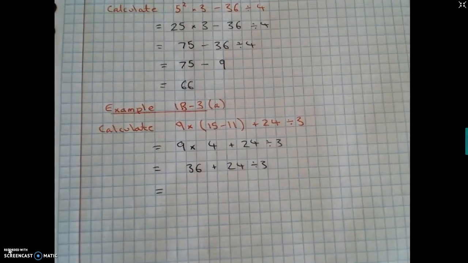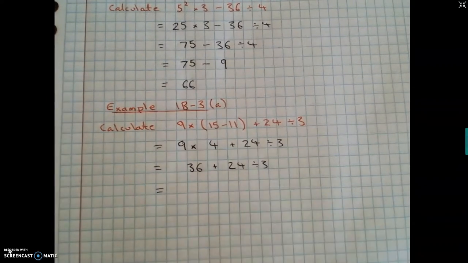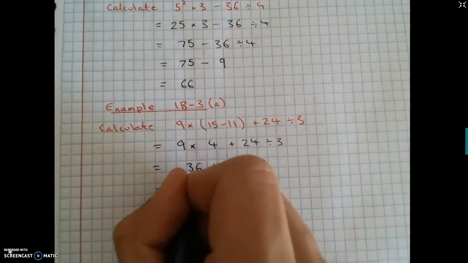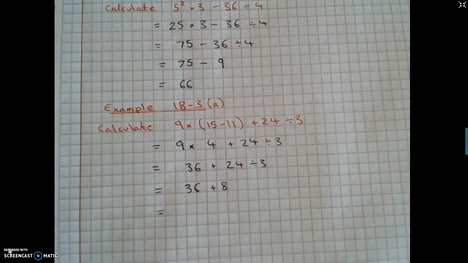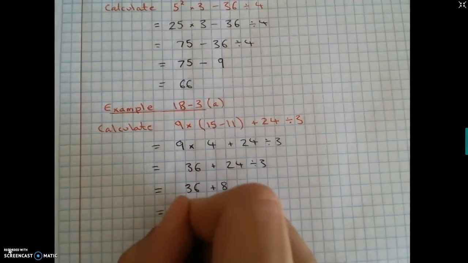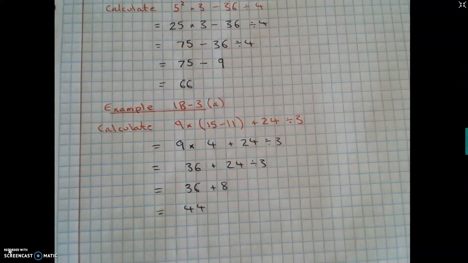We have an addition and a division. The division has to come first because it ranks higher than addition in our order of operations. 24 divided by 3 is 8, so we have 36 plus 8, and our last step is simply adding the 2 to get 44.